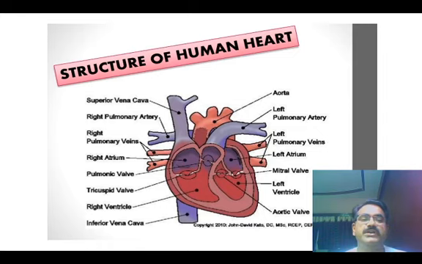Now the structure of the human heart reveals that the heart is a completely divided, four chambered heart.